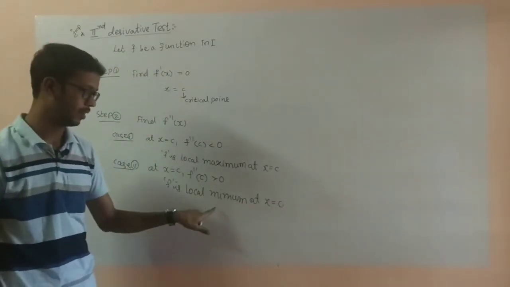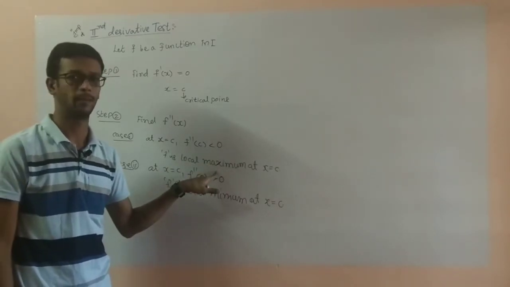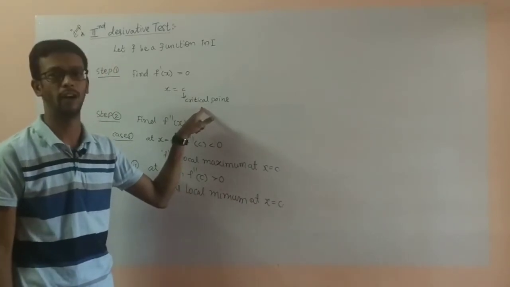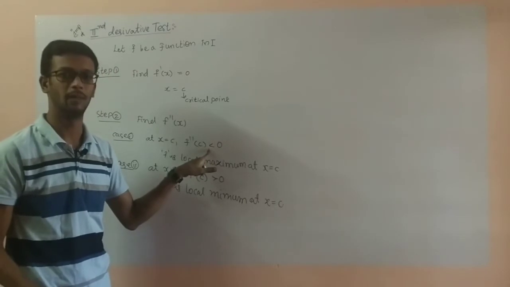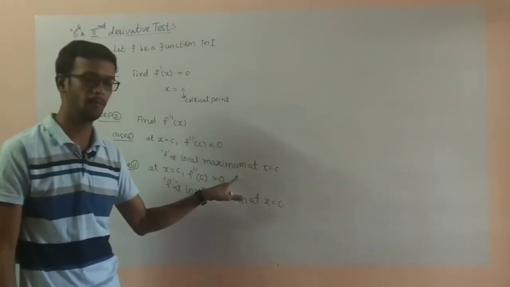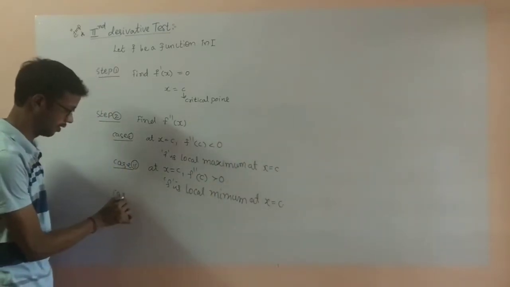Greater than 0 gives local minimum, less than 0 gives local maximum at that particular point c. That is called a critical point. Find the double derivative and substitute that critical point in it. Less than 0 gives maximum, greater than 0 gives minimum. Next, case 3.